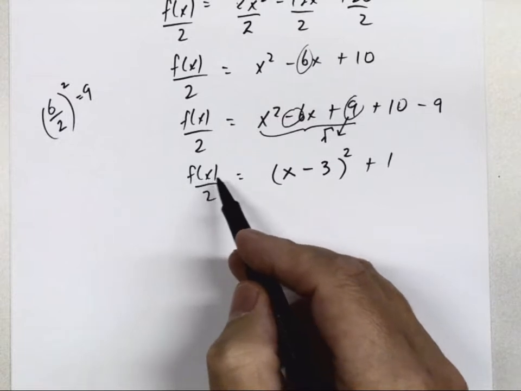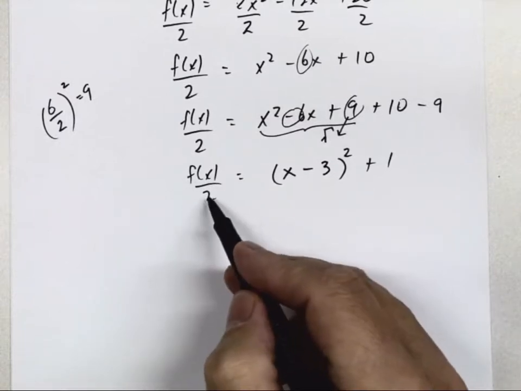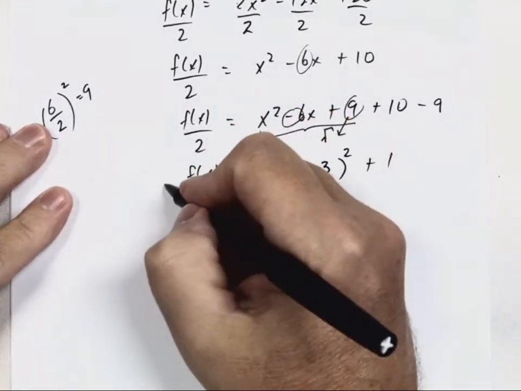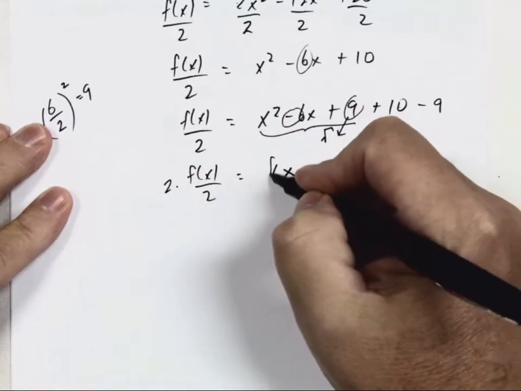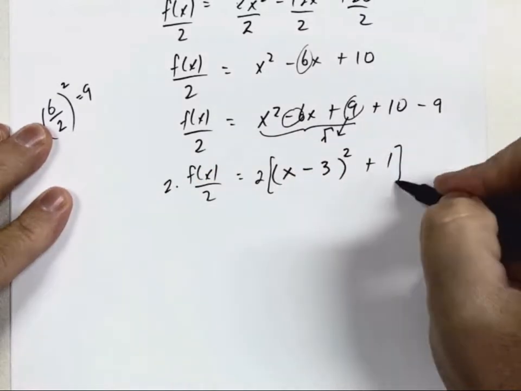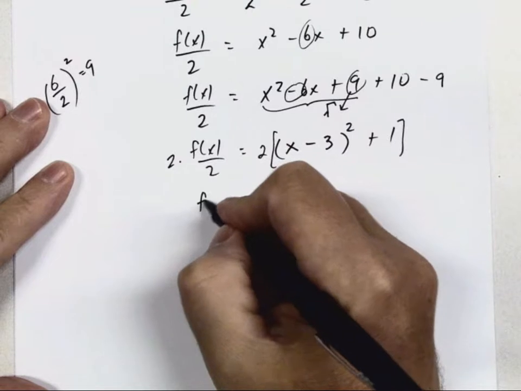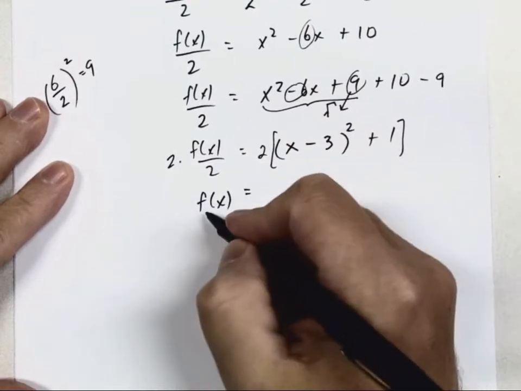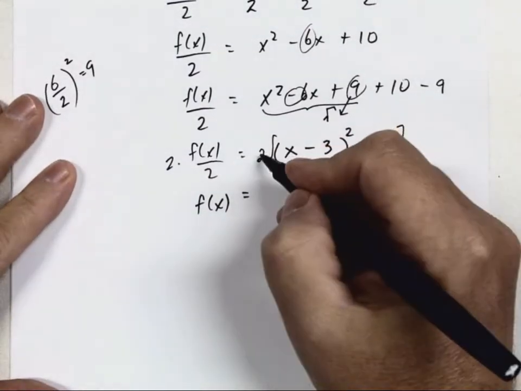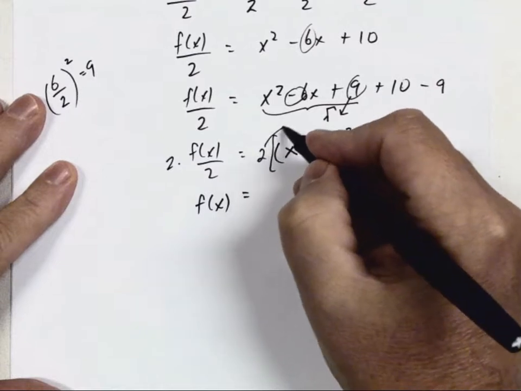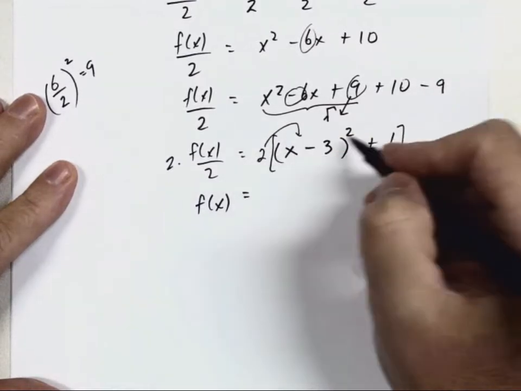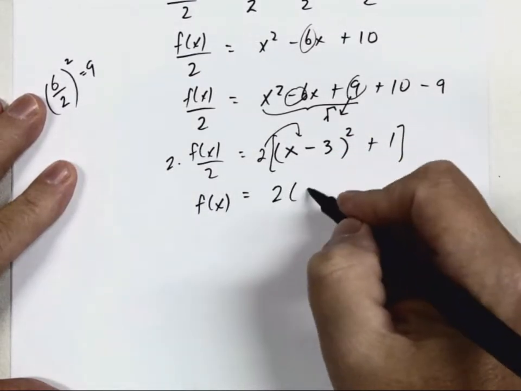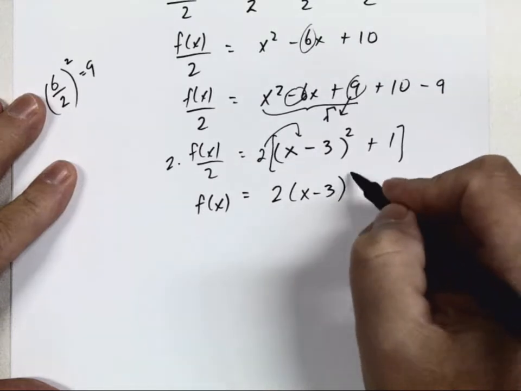Now, I want this thing to be f of x, so I need to get rid of this 2 here. So actually, if I multiply both sides of the equation by 2, then the left-hand side gets back to f of x. I distribute the 2 times this whole thing. I'll just leave it outside the parentheses.